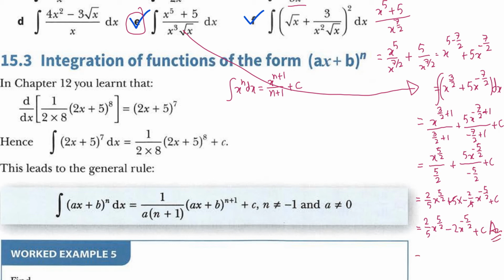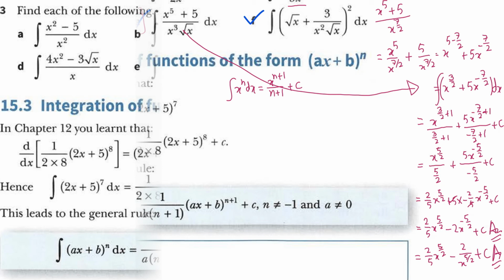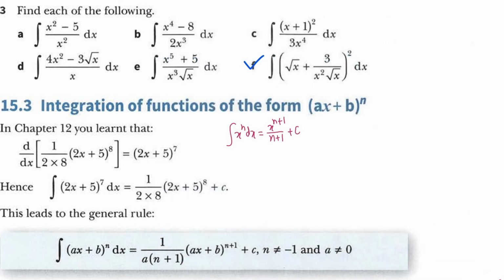We can also write x with a positive power, which is 2 by 5 x to the power 5 by 2, then another term is minus 2 by x to the power 5 over 2 plus c. Both are correct.